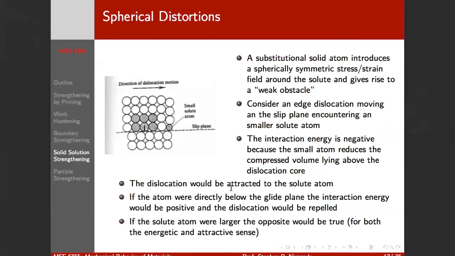Doesn't it strengthen in both cases? It does strengthen in both cases. Why though? In both cases, you should know this because this is the second time you've seen this. Yeah, in both cases, it prevents it from moving. It's locked in both cases.